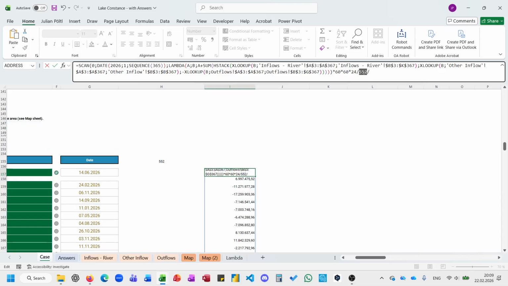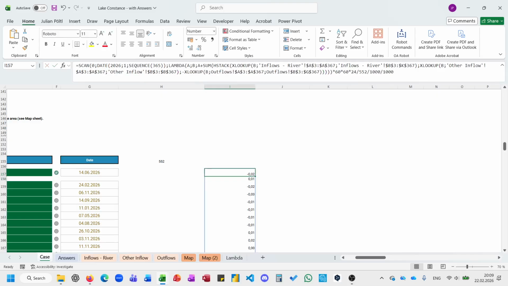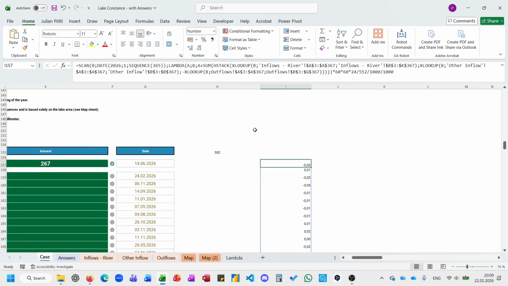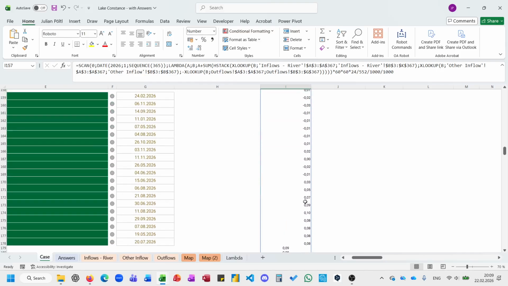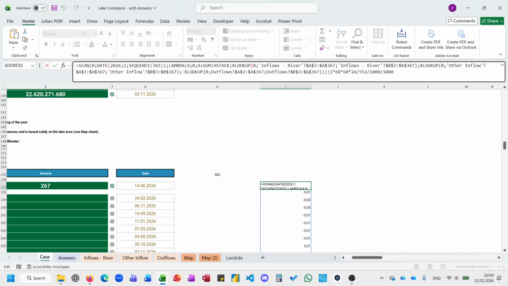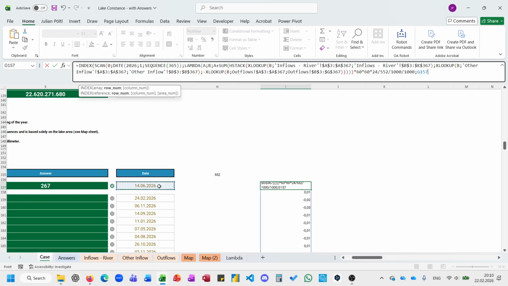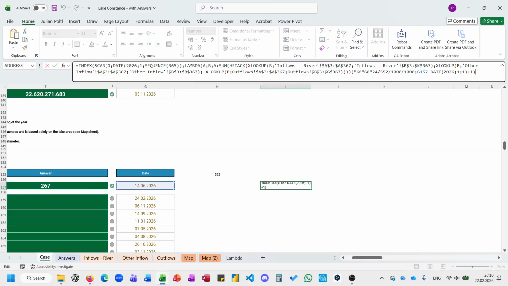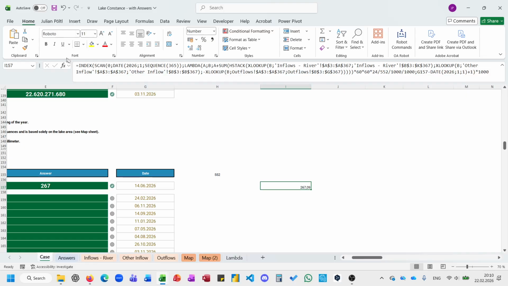And now you see here divided by 552 divided by 1 million, and you get to meters, and this is our relative meter up and down. And then we do the following. I use INDEX of this, and our row number is this date minus the first day of the year plus 1. And now we have to multiply with 1000 to get the millimeters, and then round.